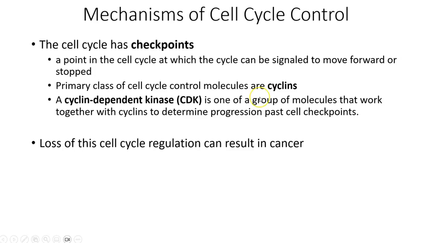This is really, really essential because if we have something wrong with the DNA or other issues with the cell, then this can result in cancer if the cell is allowed to continue throughout that process and make more copies of itself. So cancer is a loss of control in the cell cycle.